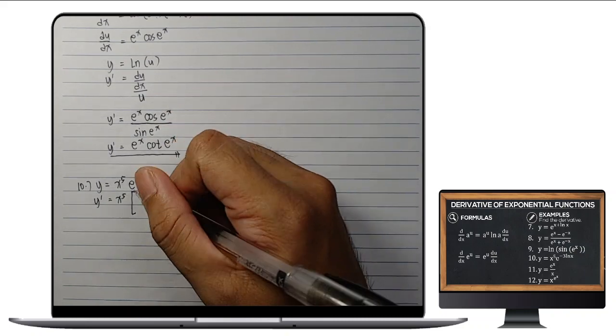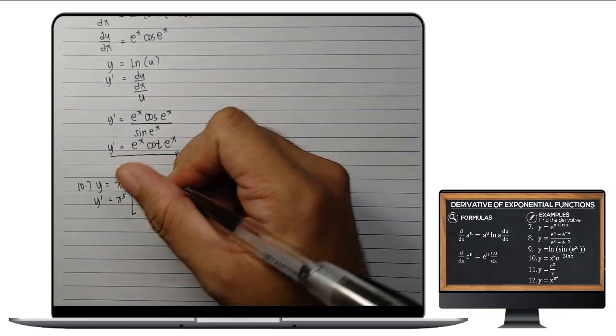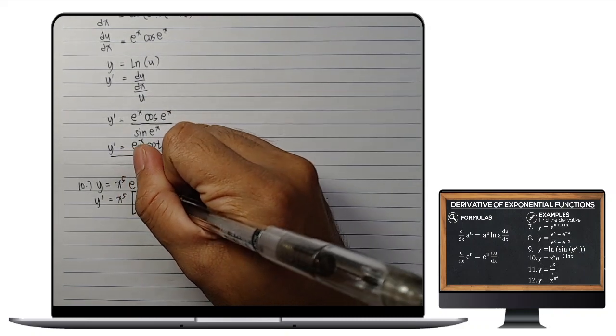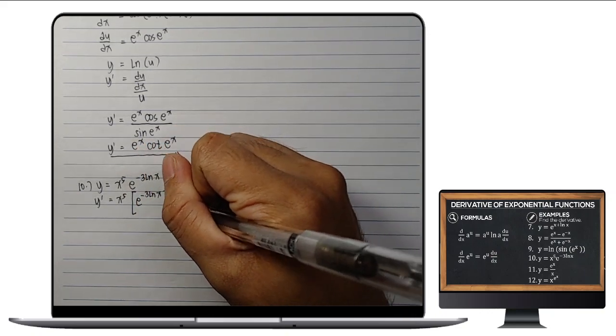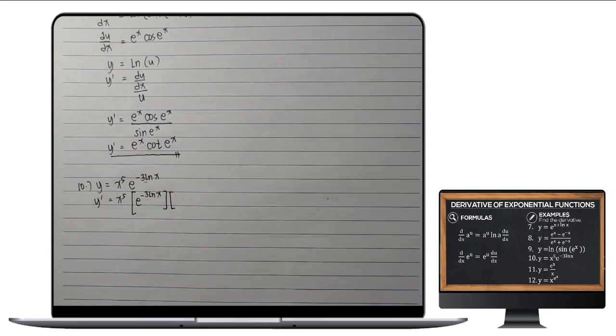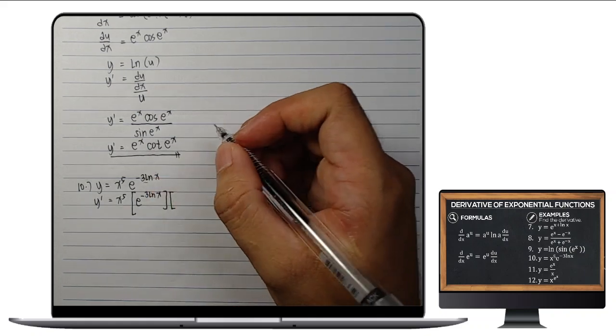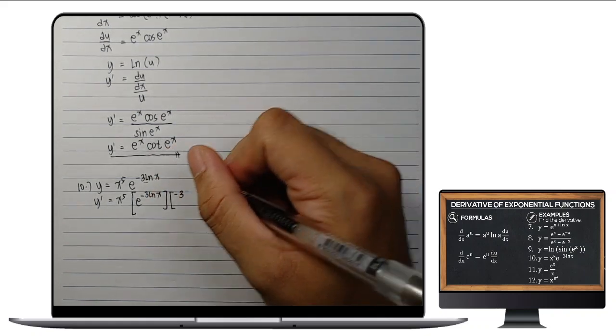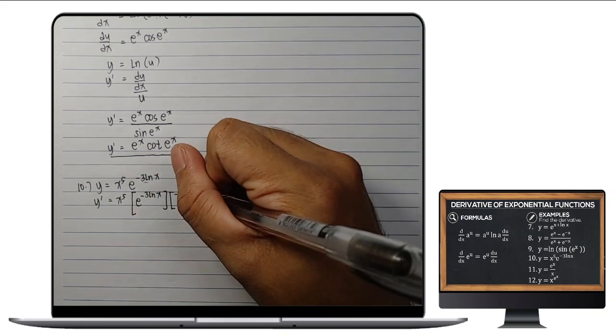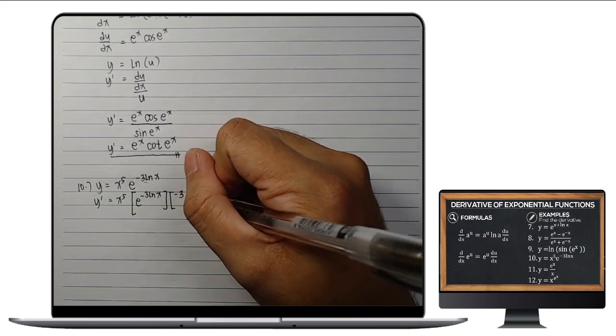So that is the derivative of e raised to u. So it is e raised to u, okay, multiplied by the derivative of u, or the derivative of the exponent, which is negative 3 ln of x. So the derivative of negative 3 ln of x is simply negative 3 times the derivative of ln of x, which is the derivative of x over x.